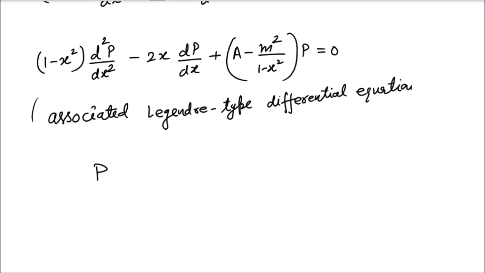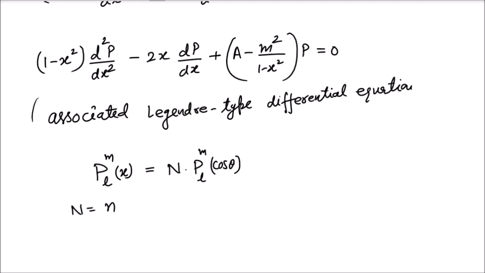See, P, now there is another quantum number, that is L. In the phi dependent equation there is an M. Now there is L as well. Okay, it is equal to N into P_L^m cos theta. So what is N here?